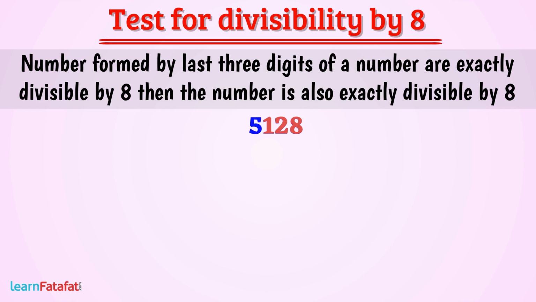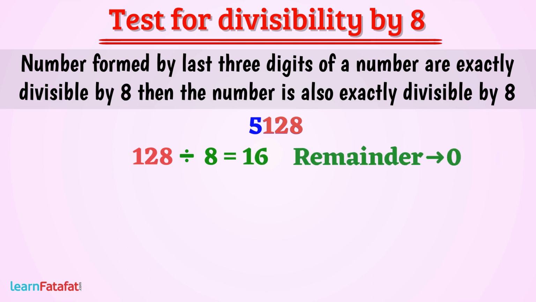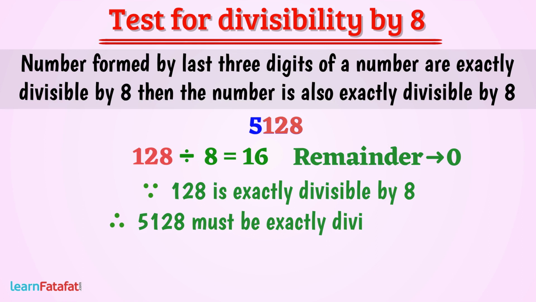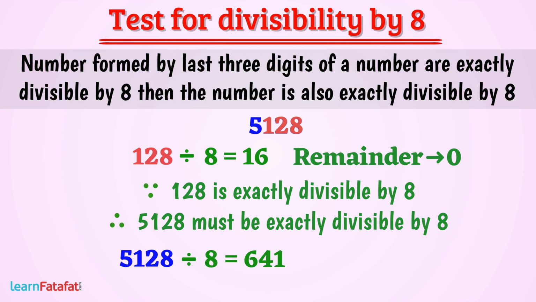Let's check if it is divisible by 8. 128 divided by 8 equals 16 and remainder 0. Since 128 is exactly divisible by 8, 5128 must be exactly divisible by 8. So, 5128 divided by 8 equals 641 and remainder is 0.